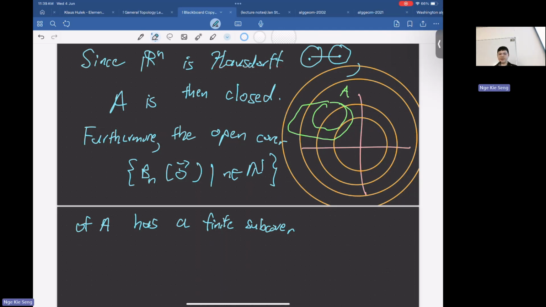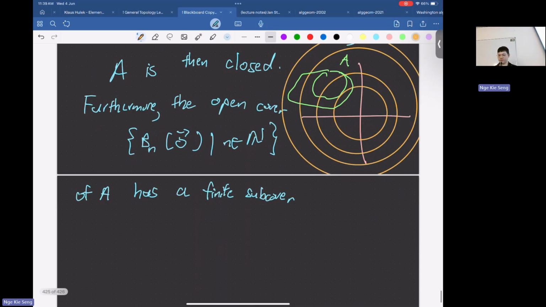Like what Joshua said, you just take the largest one. That is, there exists an n greater than 0 such that A is contained in B_n.